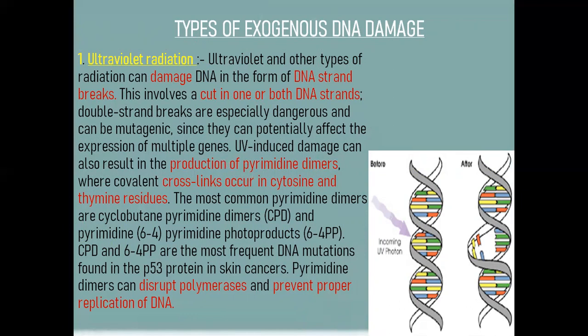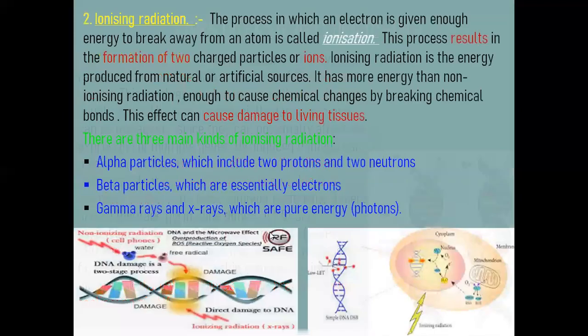The most common pyrimidine dimers are cyclobutane pyrimidine dimers and pyrimidine photoproducts, the most frequent DNA mutations found in the P53 protein in skin cancers. Pyrimidine dimers can disrupt polymerase and prevent proper replication of DNA.